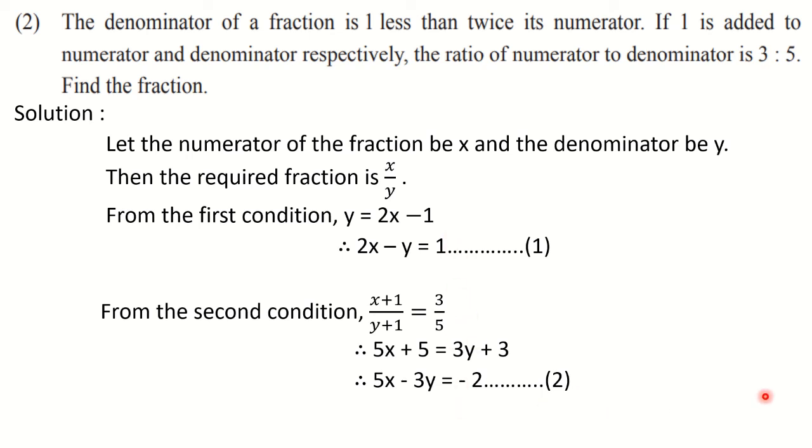All of you please copy it down. Also think what you can do further to solve these equations. If you understand the method, you can solve each and every problem here. Okay.